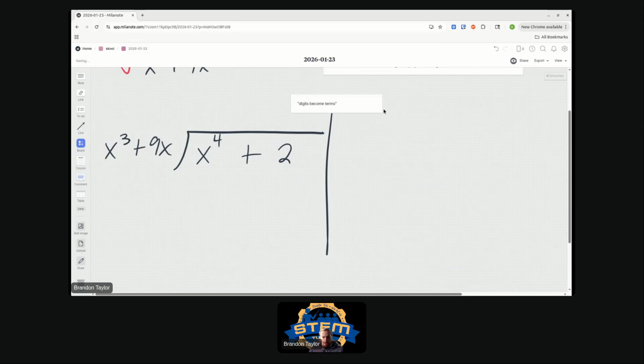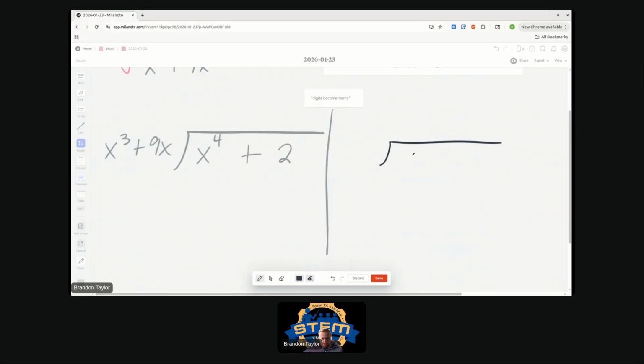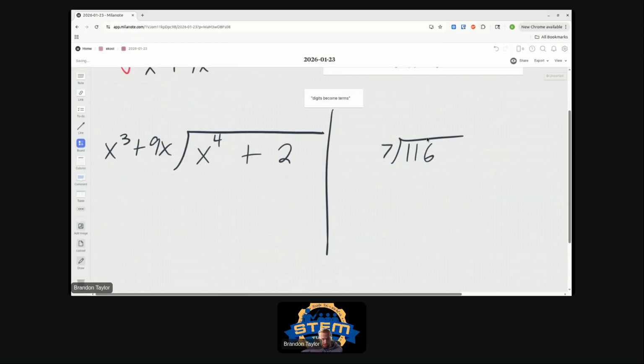What do I mean by that? The good news with polynomial long division is it almost feels exactly the same as what you did in grade school when you were dividing regular numbers. Let me give an example. Let's say we have 116 divided by 7. I'm just making that up. But think about how you actually do this process.